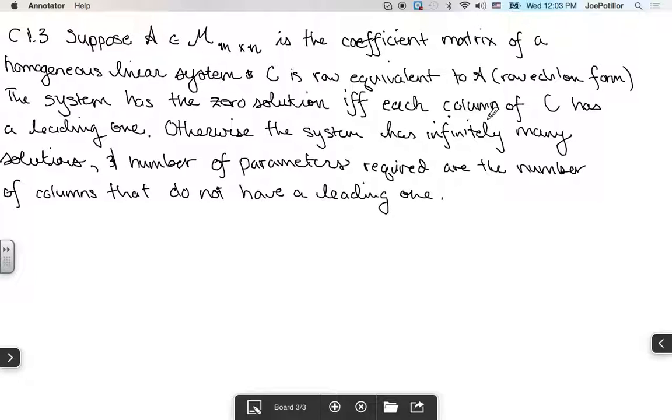Okay. So the same kind of rule applies. So it's the same exact rule.